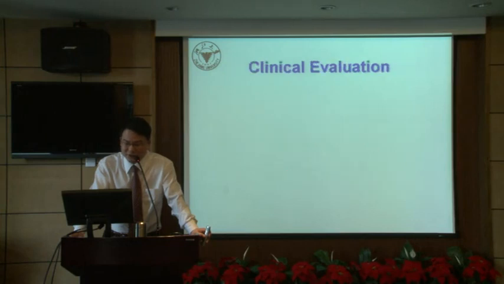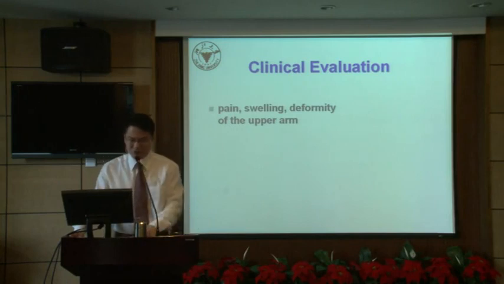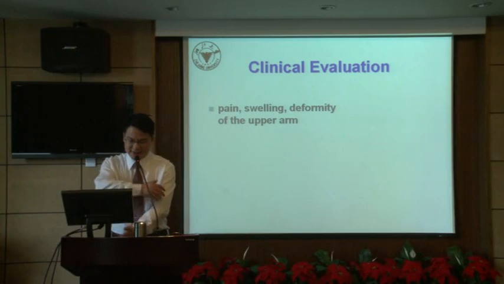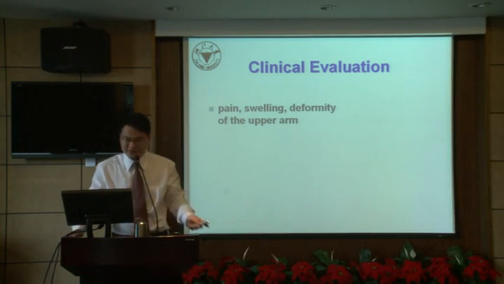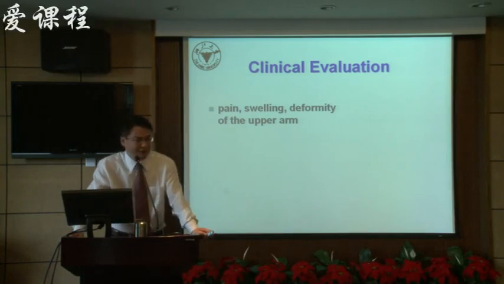For the clinical evaluation, you will find the patient comes to you using the healthy arm to hold the injured arm like this to protect it and reduce pain. You find substantial swelling and deformity in the humeral shaft.